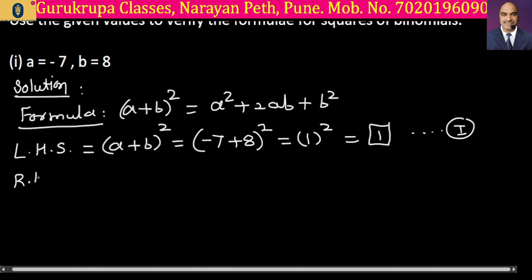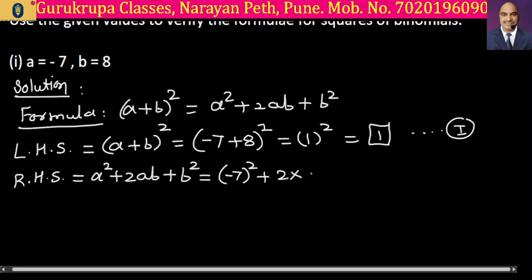Second we have RHS of the formula, that is a square plus 2ab plus b square. Now putting the values, value of a is minus 7, so minus 7 square plus 2 into minus 7 into 8 and plus b square means 8 square.